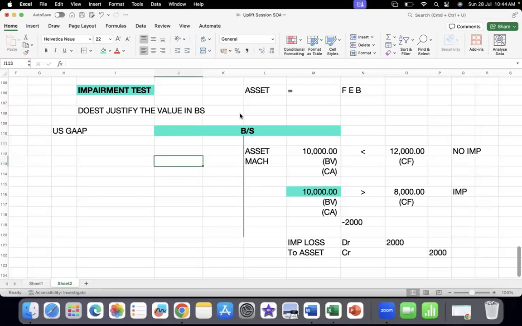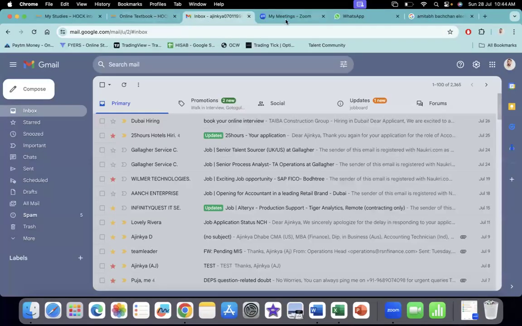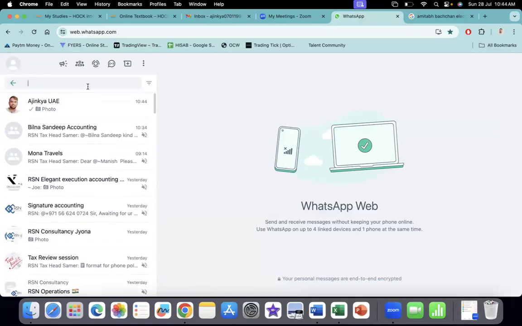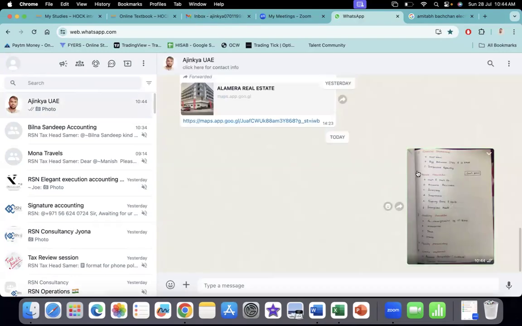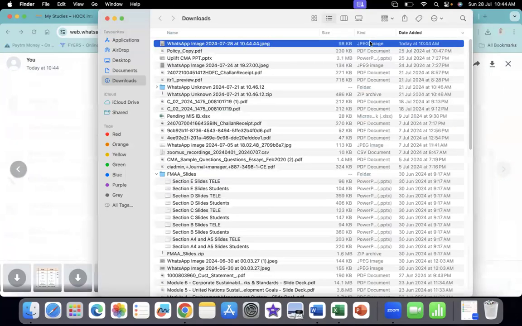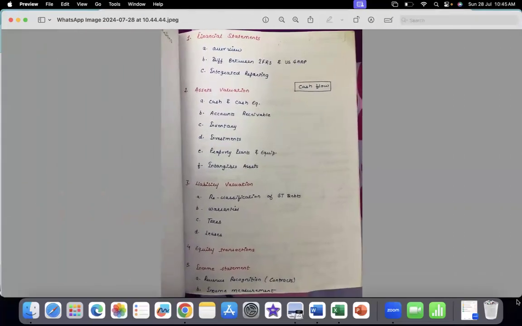Okay. So let me just give you one more heads up. In your CMA as well, or your FMAA or pre-CMA, you have a bit of accounting to be analyzed, the one which we are discussing basically, like how the fixed assets are going to work, what the valuation is and all.